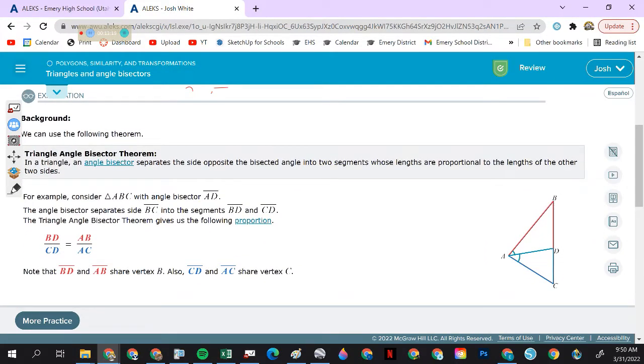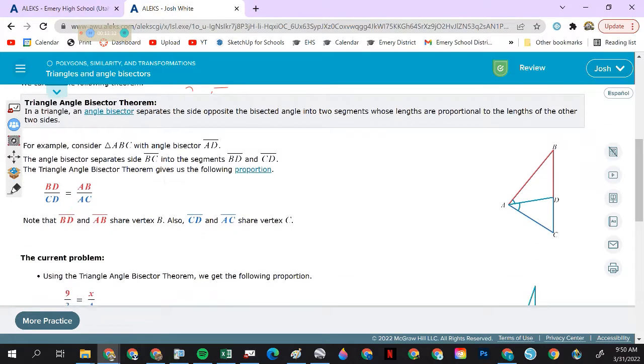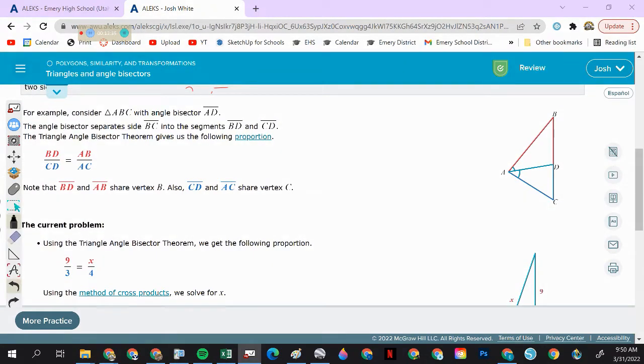So in a triangle, an angle bisector separates the opposite side of the bisected angle into 2 segments whose lengths are proportional to the lengths of the other 2 sides. So look at this figure over here. So in this picture, here is my big angle. It's bisected such that BD divided by AB, so this one divided by that one.